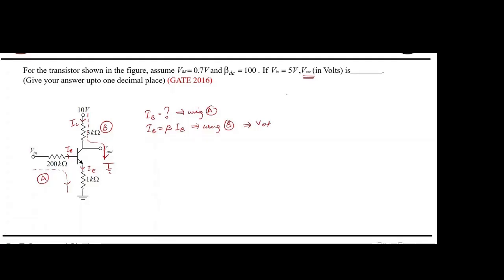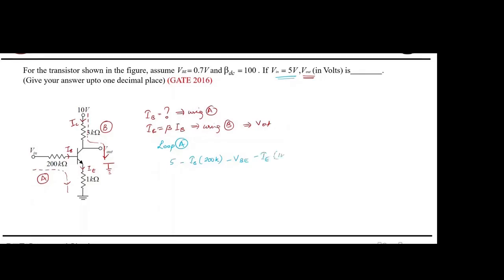Now, let us use loop A. Can someone tell me the equation? 10 volt minus... Oh, no, loop B. The input is 5. 5 minus IB times 200K, minus VBE, minus IE times 1 kilo.